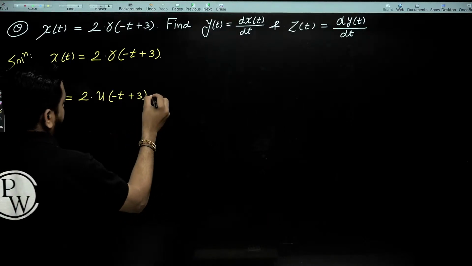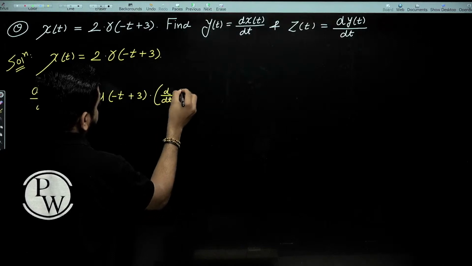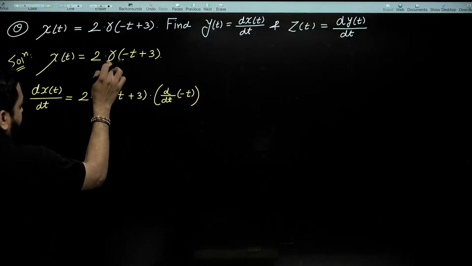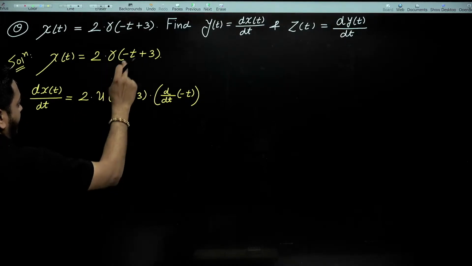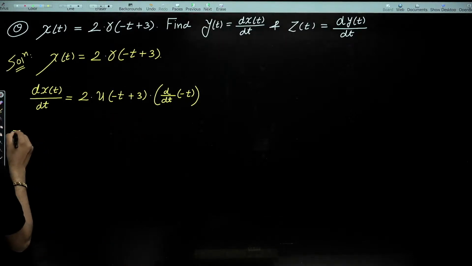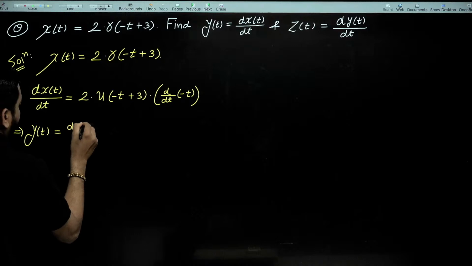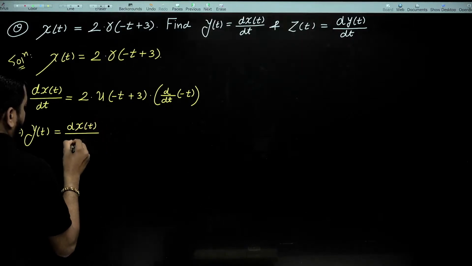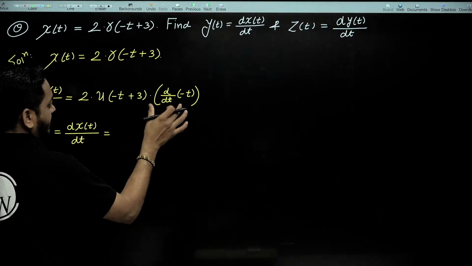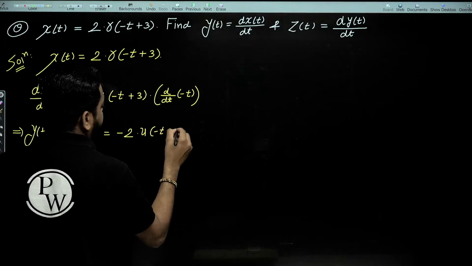Differentiation of minus t is minus 1. So the answer is y of t equal to dx of t upon dt equal to minus 2 u of minus t plus 3.